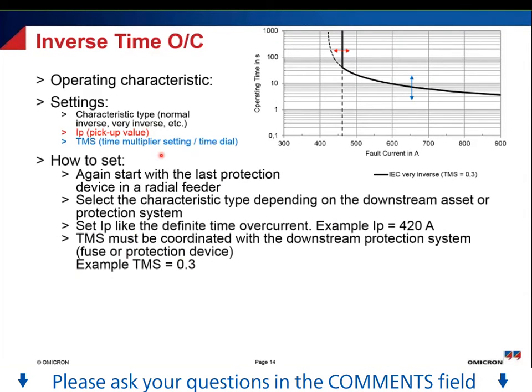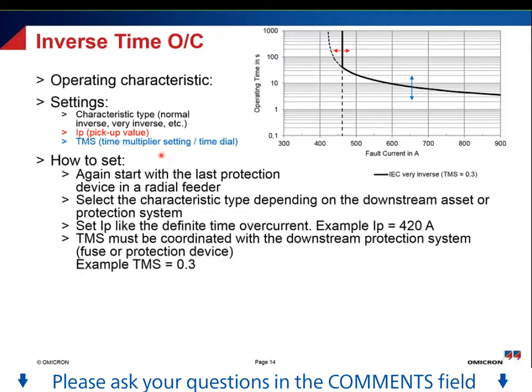How do we set this then? Well, once again, we start with the last protection device in a radial feeder. If you remember the picture of the radial feeder before, we start with the last of the relays. First we select a characteristic type, and this usually depends on the downstream asset or protection system.